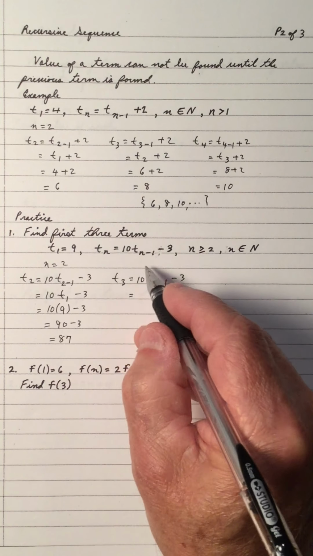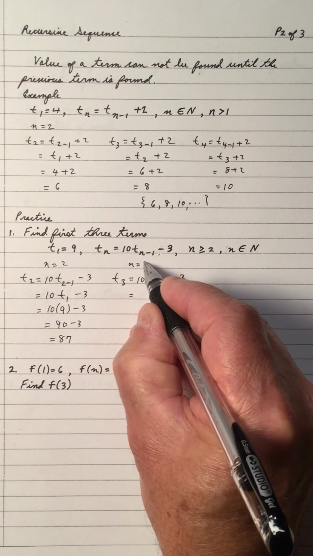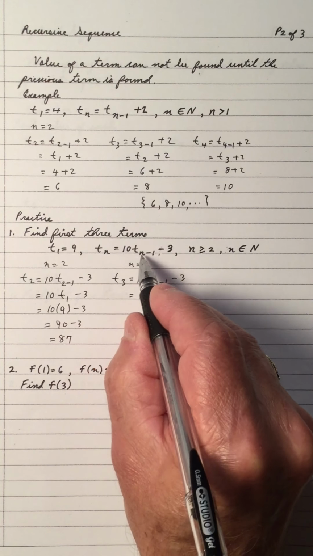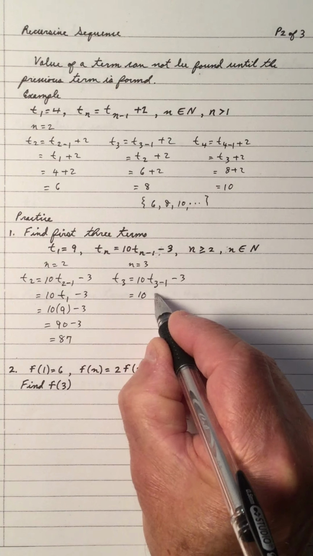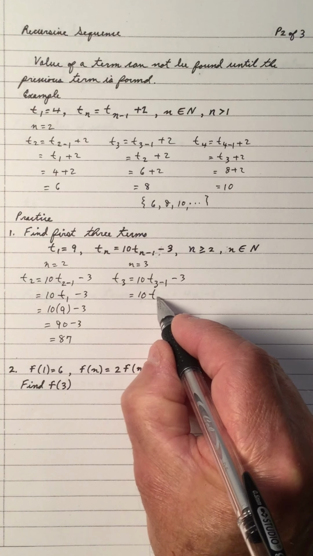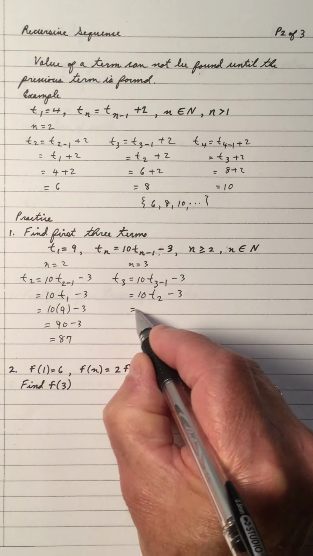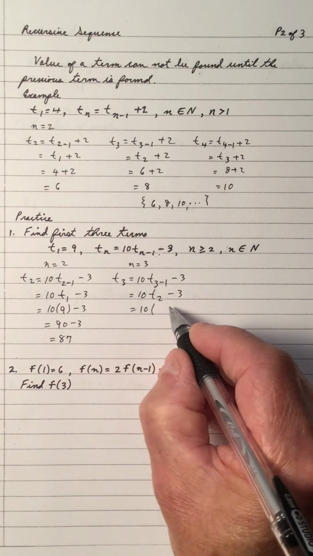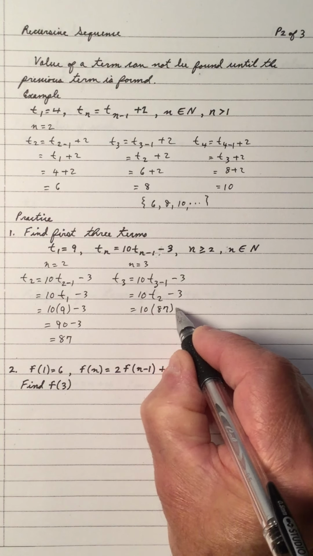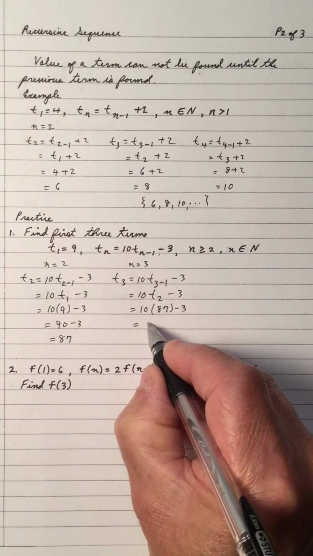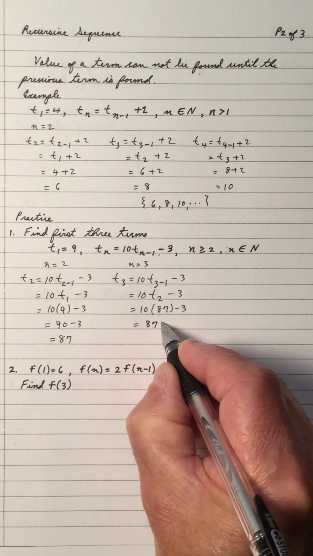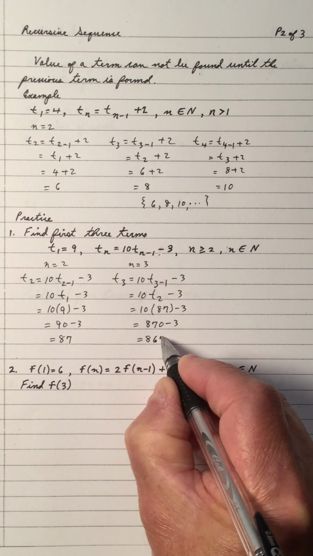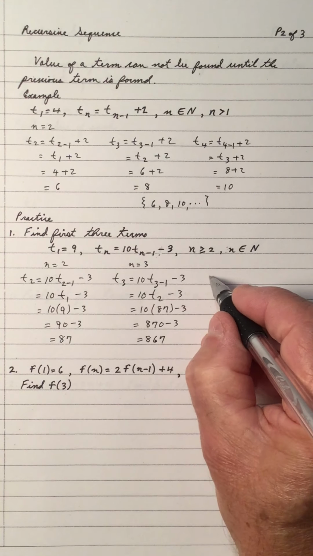Again, n is 3, so I'm putting 3 right here and right here in the equation. 3 minus 1 is 2, and T2 is 87. So 10 times 87 is 870, minus 3 is 867.